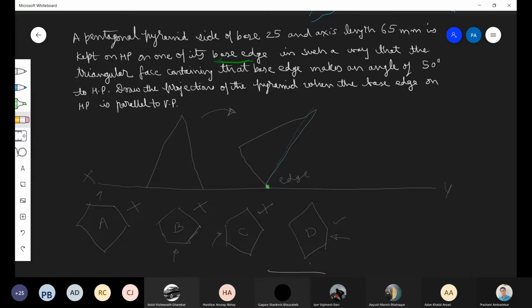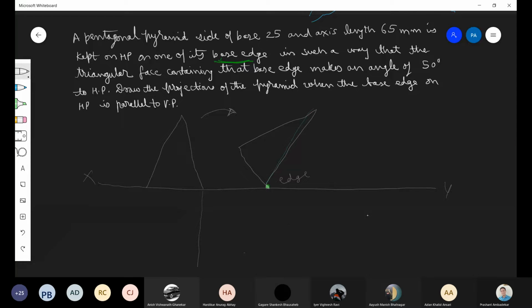Now I will erase everything and keep D here, so that now this is the final answer, that here we should have a pentagon.